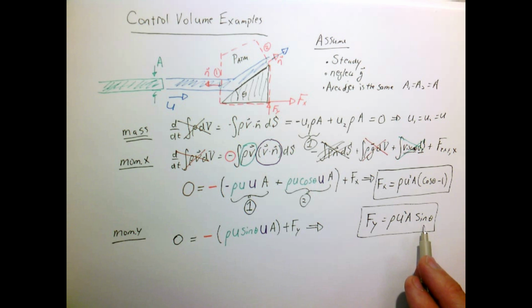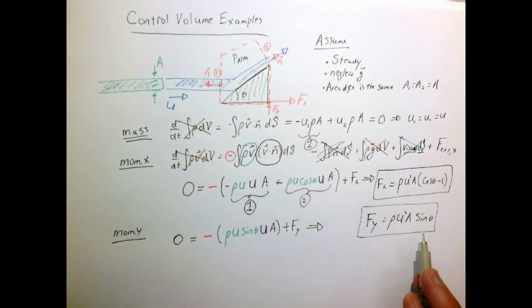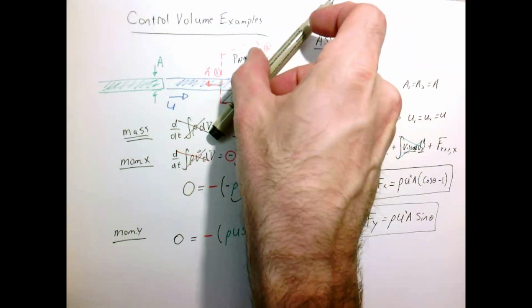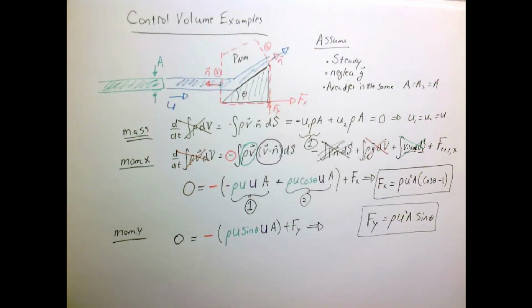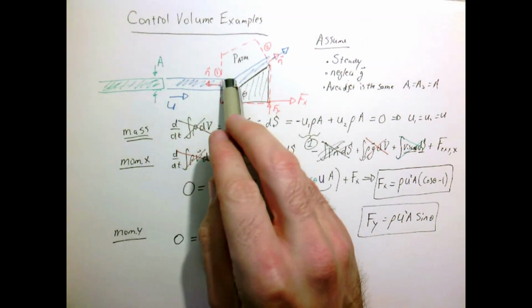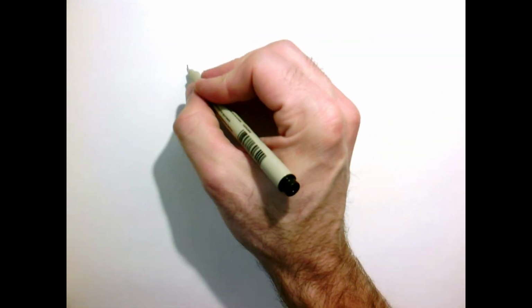So when the angle is 0, there's no force holding the block upwards. And as we change the angle here, it gets steeper and steeper. Then the force pushing the block down gets stronger and stronger. And that's assuming that all the flow goes in and out and up, which could be a faulty assumption for high angles.